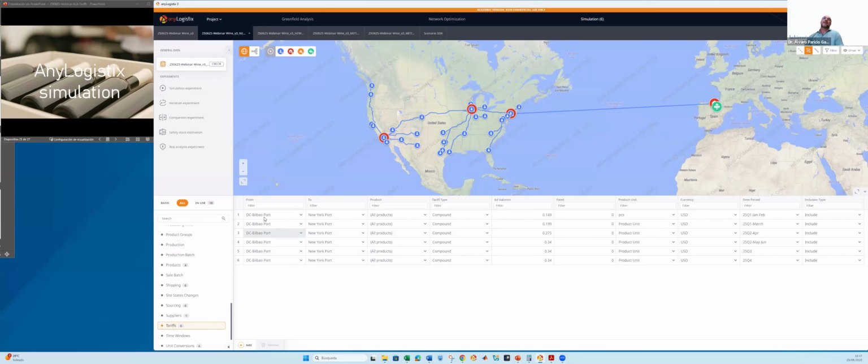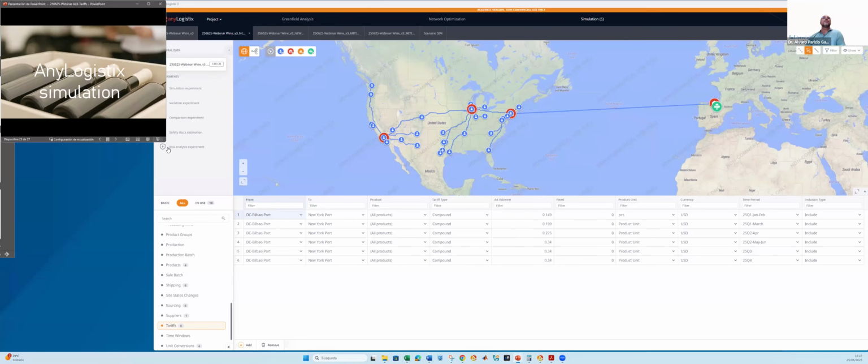Now I just clicked here and expanded the tariffs, and I'm saying for this international link and for this time period, I need to set the corresponding tariff. In the ad valorem, in a compound way, I need to set for each month the corresponding tariffs.